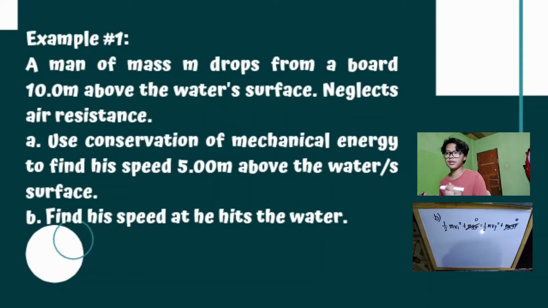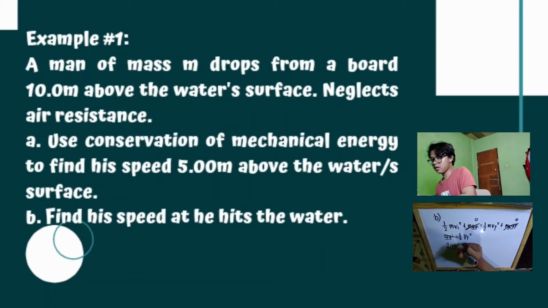So, solving for the final velocity at 5.00 meters, final velocity equals the square root of 2 times the quantity of 9.81 meters per second squared times 10 meters minus 5 meters.